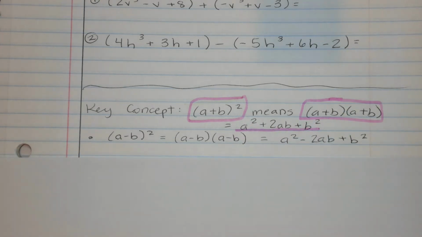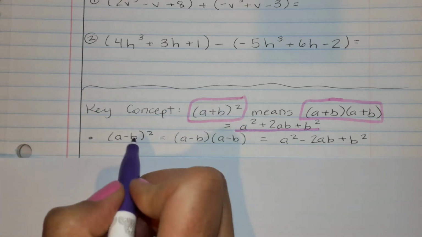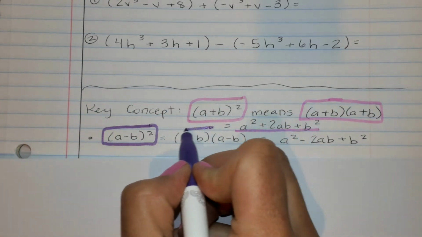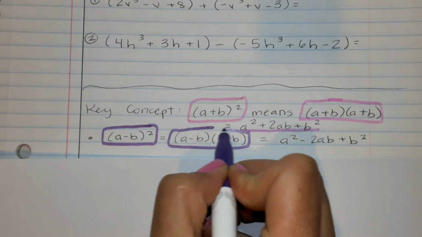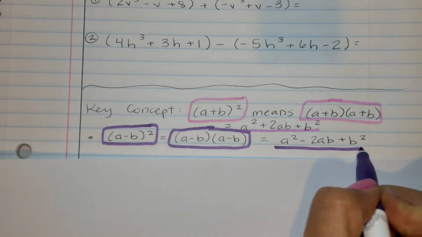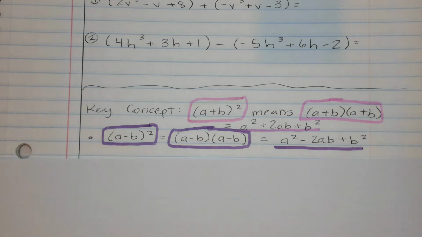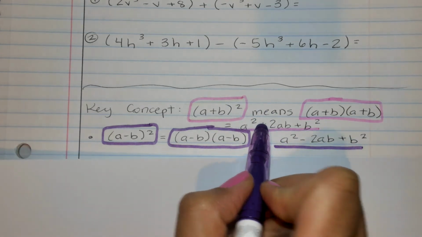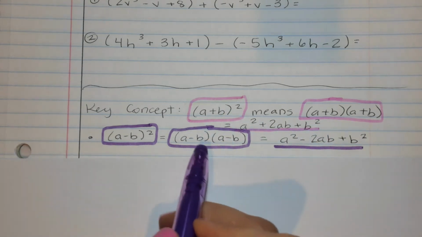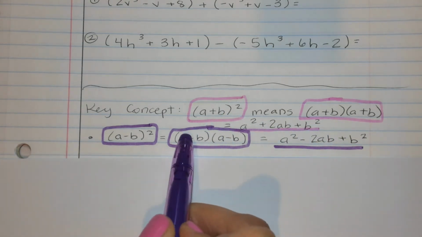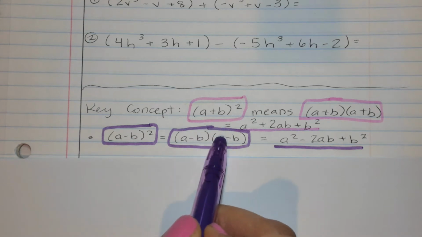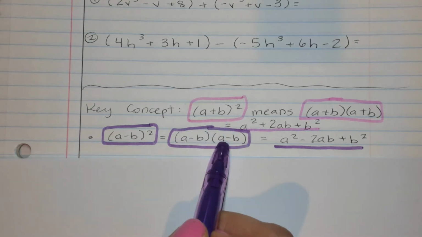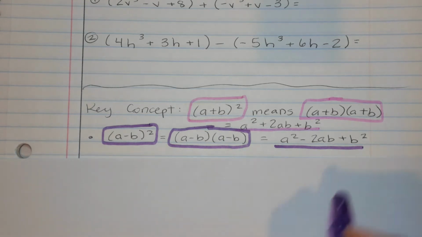The only difference is it might be a minus b, so it's just changing the signs. Of course, that means a minus b times a minus b, and then it would equal this. If you don't like going straight from here to here, that's the shortcut. You could still distribute a times a, a times negative b, negative b times a, negative b times negative b, or do the box. But this is the shortcut.